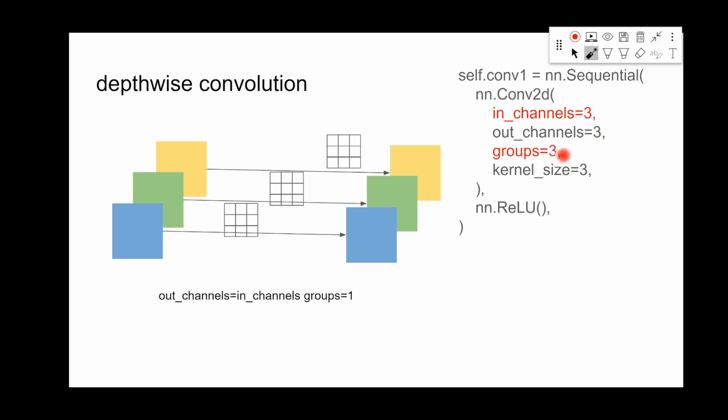In this case, PyTorch will divide the number of input channels by the specified group. For example, if the input channel is 6 and the group is 3, the 6 input channels will be divided into 3 groups. Each group has 2 channels, and we use the 3 groups to produce three output channels.